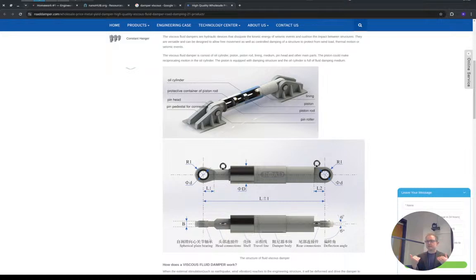So the first step for these kinds of dampers is just a linear damper. They're called linear because it's a constant times your speed. So the faster you move, the bigger the force, and it's always proportional that way.